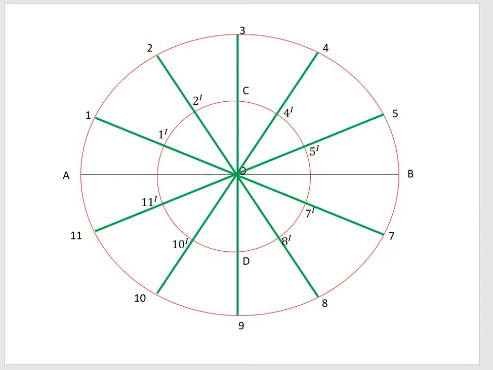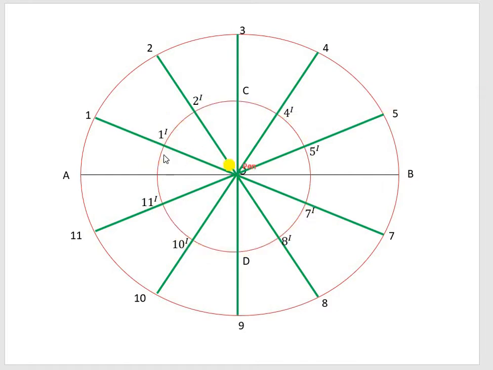Now we have seen that while getting these 12 parts, these lines have also touched the inner circle. At the inner circle also the lines are touching, and the points where the inner circle is touching these lines, let us give some name.